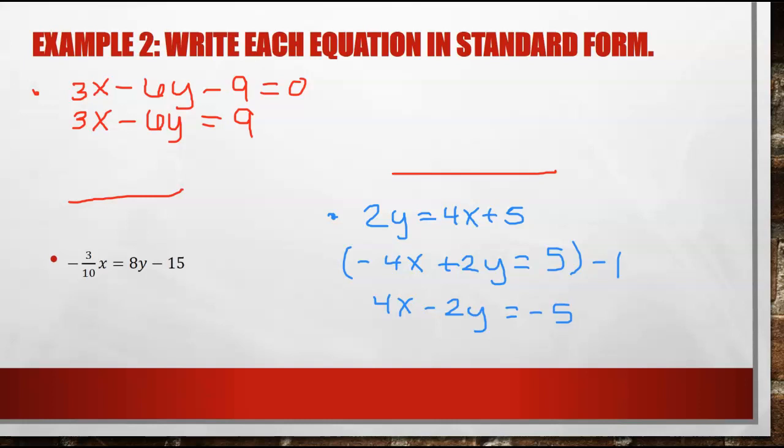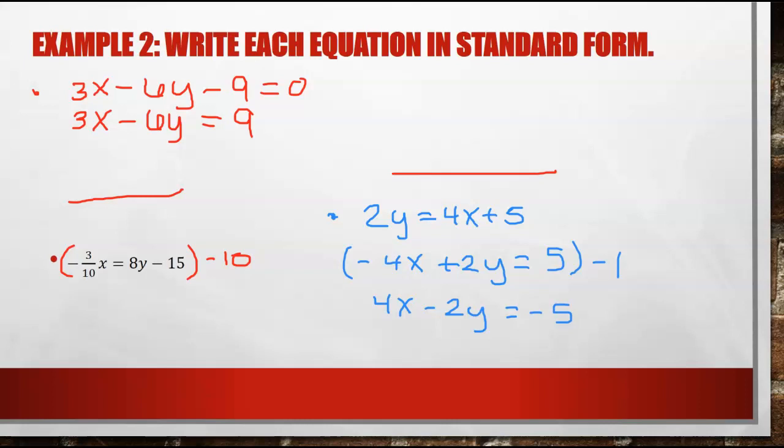And then in example C, we notice that this has a fraction and a negative. So I'm going to multiply everything by negative 10. So that will eliminate my fraction as well as the negative on the x value.